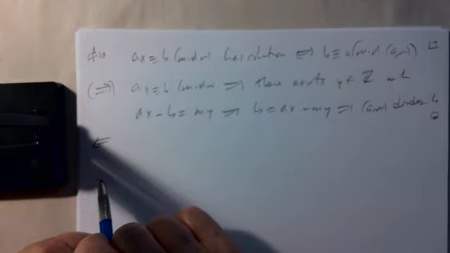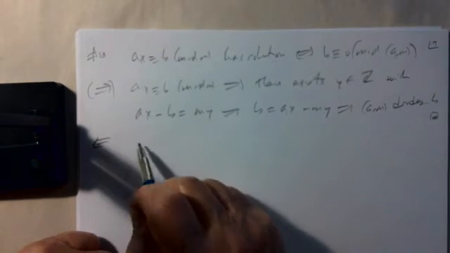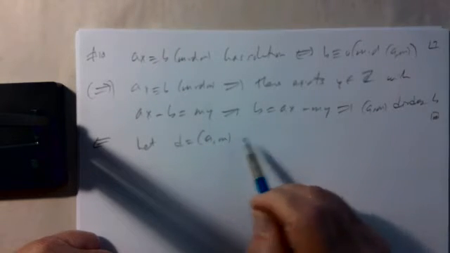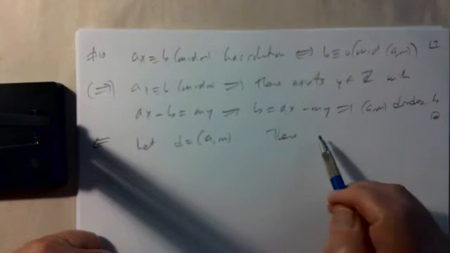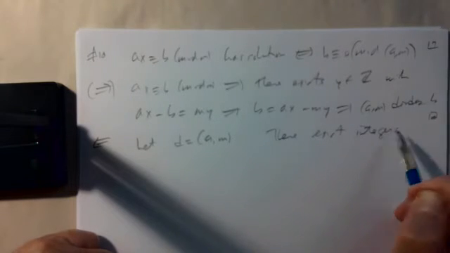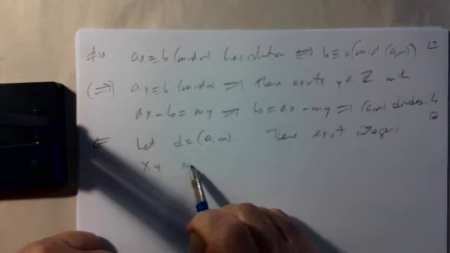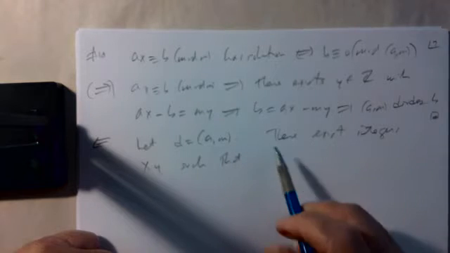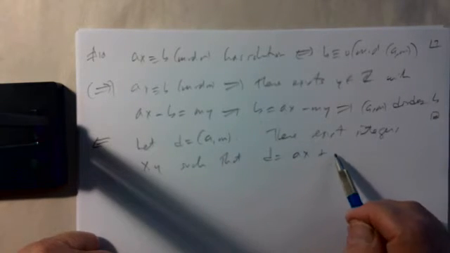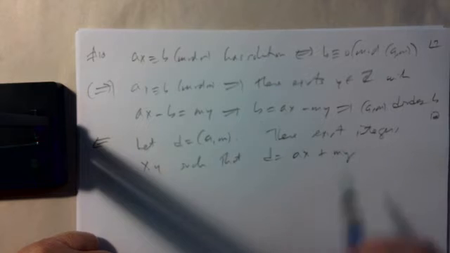And then the proof of the other direction is the following. So suppose we let d be the greatest common divisor of a and m. So we know there exist integers x and y such that d is a linear integral combination of a and m. d is ax plus my.